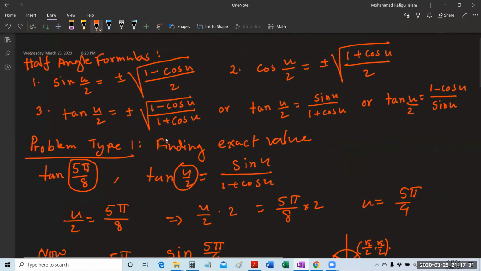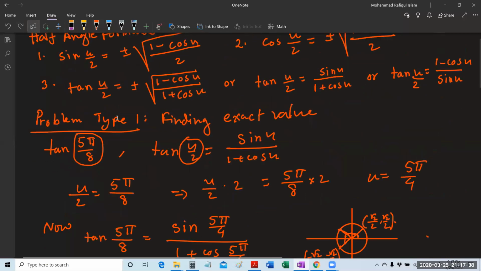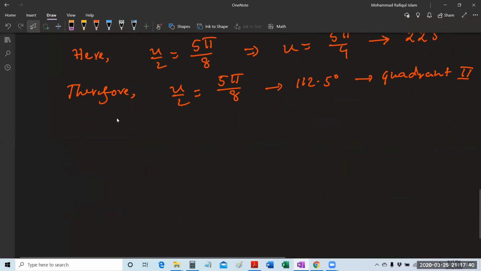We know cosine u by 2 equals plus minus square root of 1 plus cosine u over 2. So we should pick the negative sign for our current problem. So cosine u by 2 equals negative square root of 1 plus cosine u over 2.